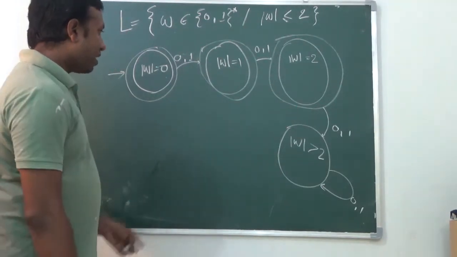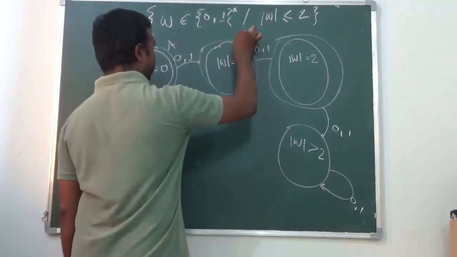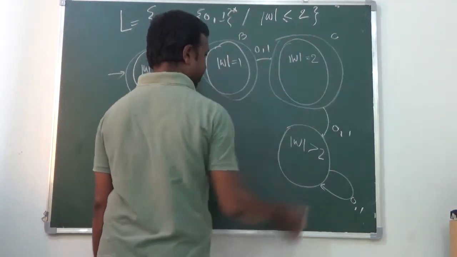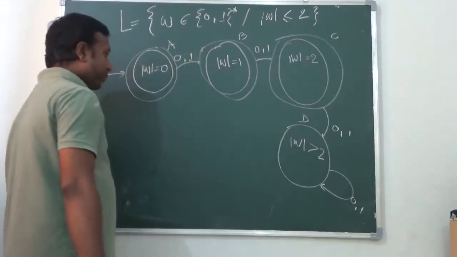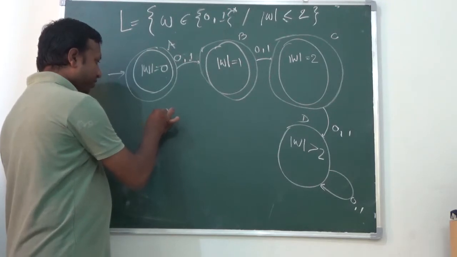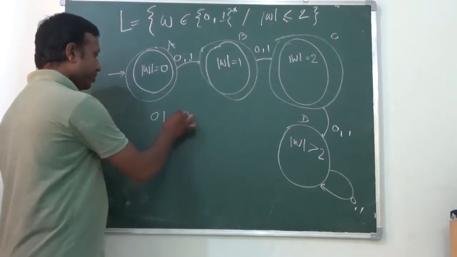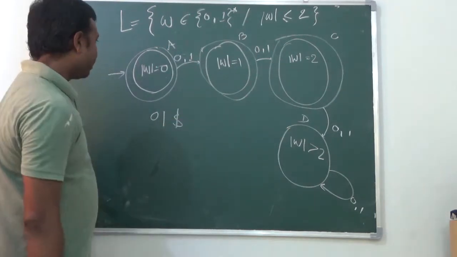So let's see how this machine is working. This is state A, this is B, this is state C, this is state D. So let's see, if I supply 0 1 as an input, then how this machine behaves.